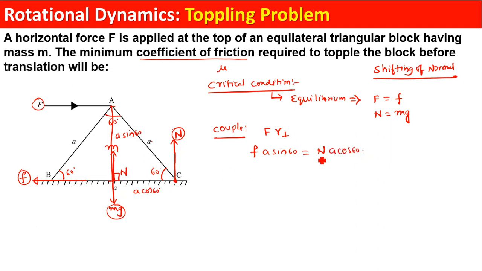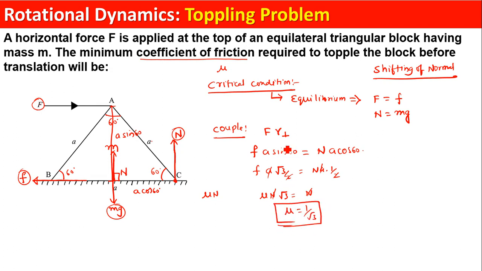A sin 60 is root 3 by 2, and A cos 60 is 1 by 2, so A by 2 cancels. The maximum friction is limiting friction, mu n. So mu n times root 3 equals n. The n cancels, so mu equals 1 by root 3. This is the critical condition.